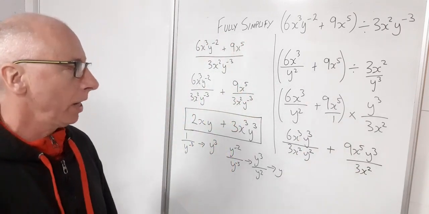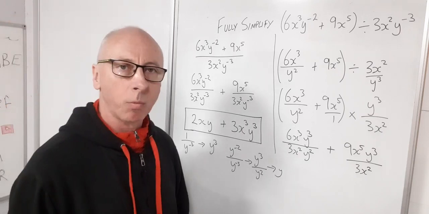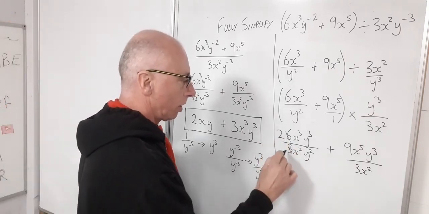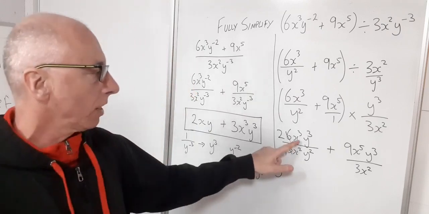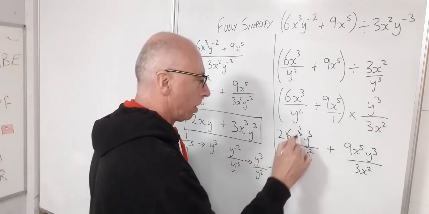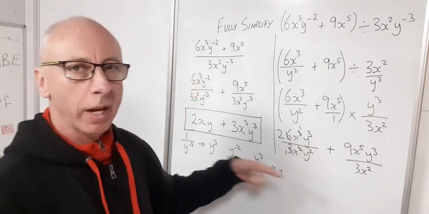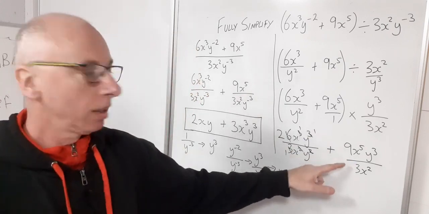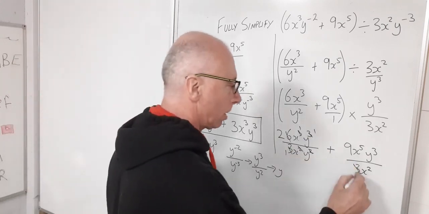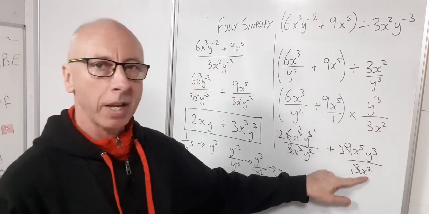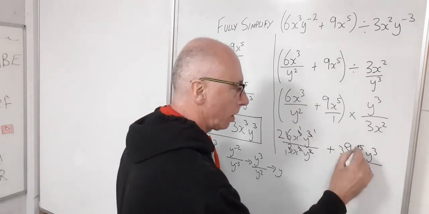Okay, so now using my indice laws, I can just cancel out what I need to. So coefficients, 6 divided by 3 is 2, that just becomes a 1. X cubed divided by x squared gives me x to the power of 1. Y cubed over y squared gives me y to the power of 1. Then here, 9 divided by 3 is 3, so that's a 3, that's a 1. X to the 5 divided by x squared just gives me x cubed.